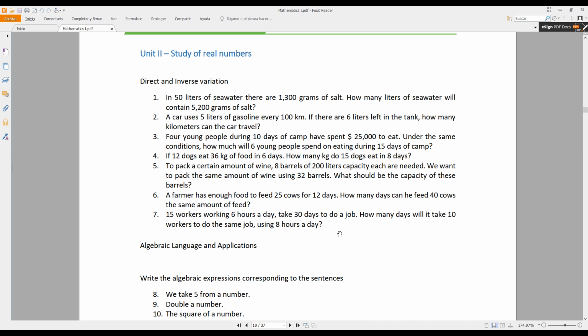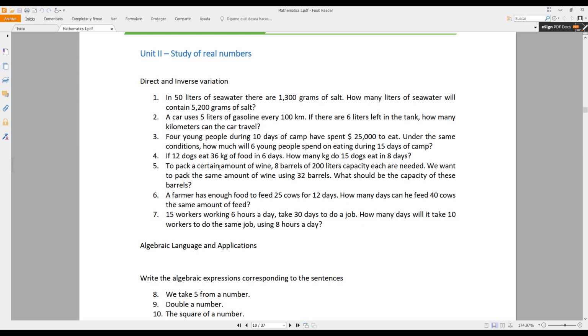If 12 dogs eat 36 kilograms of food in 6 days, how many kilograms do 15 dogs eat in 8 days? If you look at the solution, you may find a problem: the number of data that we have.